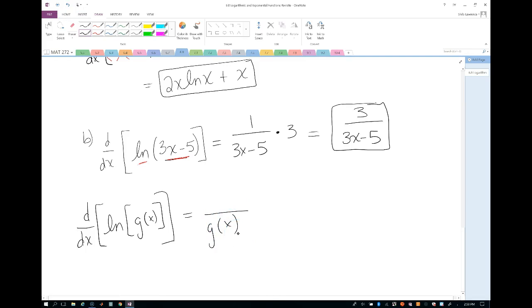And then chain rule says we'd also have to take the derivative of what's inside, and when we do that, it's not going to be in the fraction. So when we end up combining it with the fraction, it goes in the numerator. So you may have seen this formula before. The natural log of g of x, its derivative is g prime of x over g of x. And that's just a consequence of the chain rule.